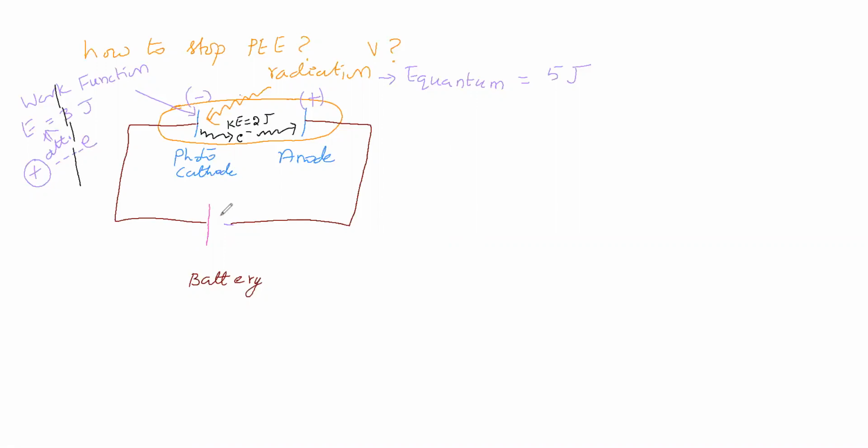Sir, here we will keep the positive plate, and here we will keep the negative plate. So we have changed the poles of the battery. So what has happened due to that? That we'll see.